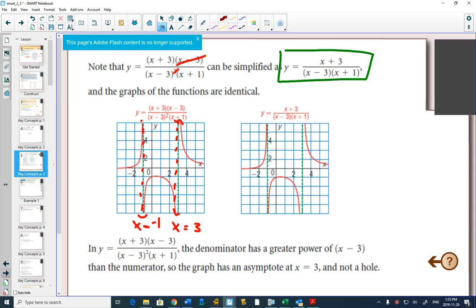Because one of the factors x minus 3 canceled out, but not all of them, there doesn't end up being a hole at x equals 3. Because x equals 3 is still a non-permissible value that shows up in your simplified version, and so it stays as a vertical asymptote.